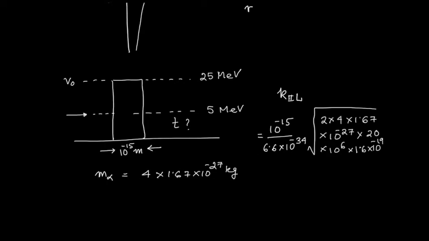If you work out all this, you will get nearly 0.3. Again, I do not swear by these numbers. You should do it by yourself and check what you get.